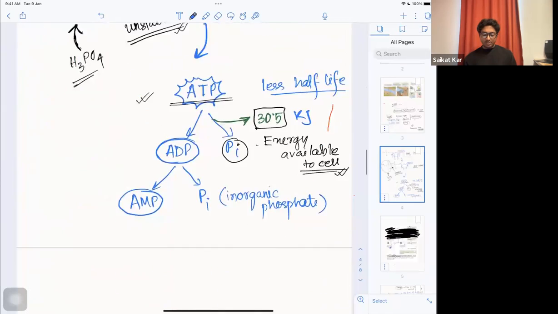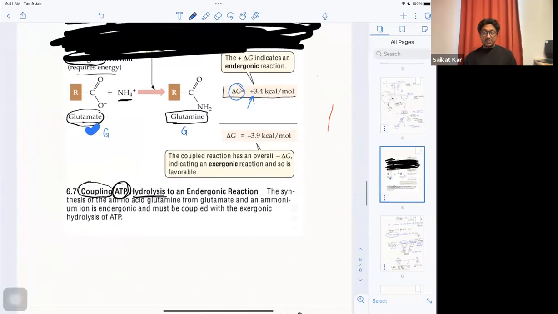But here, how did G increase? Then you have to think there must be some form of energy being supplied in this reaction. Some other reaction should be there, which is supplying this energy to the reaction.